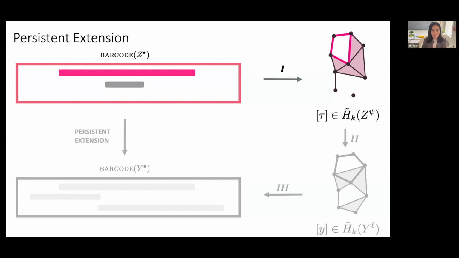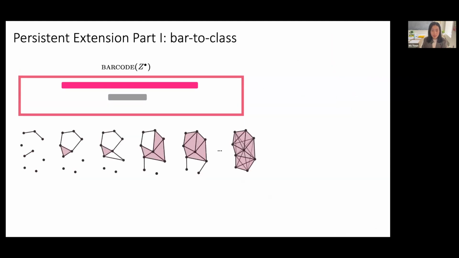In the first step, we're given a bar of interest and we want to find a corresponding homology class. Instead of looking at the entire filtration, we fix a parameter, chosen to be the parameter immediately prior to the death time of the highlighted bar, and we fix the simplicial complex at that point.